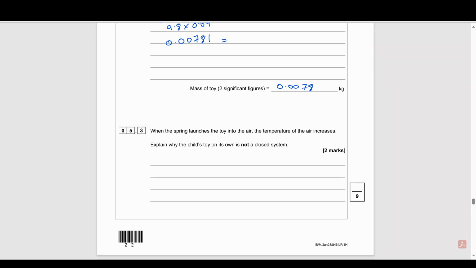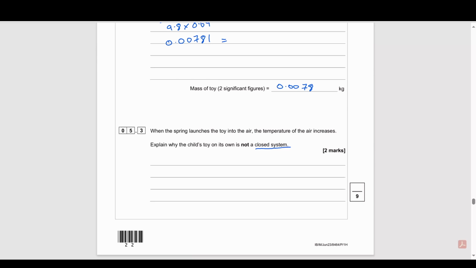5.3. When the spring launches the toy into the air, the temperature of the air increases. Explain why the child's toy on its own is not a closed system. So what does it mean by closed system? This means that energy is not going to be transferred to the surroundings.